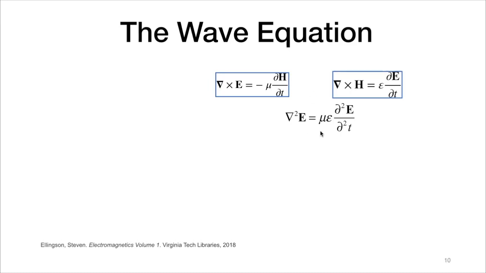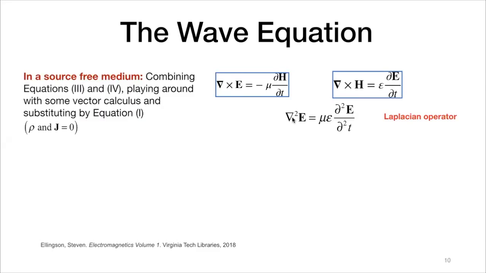The wave equation is this equation, and we read it as the Laplacian of E, and E, remember, is a function of space and time, equals mu epsilon multiplied by the second derivative of the electric field vector with time.